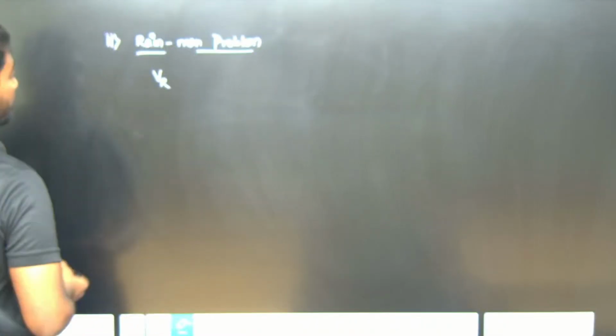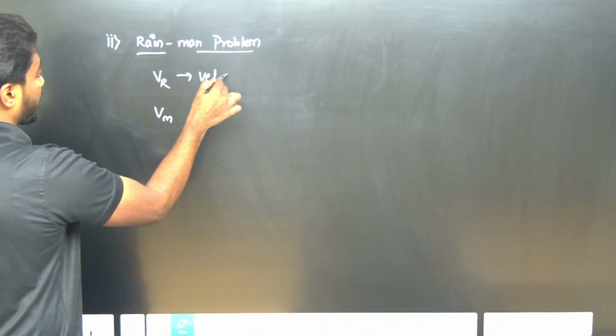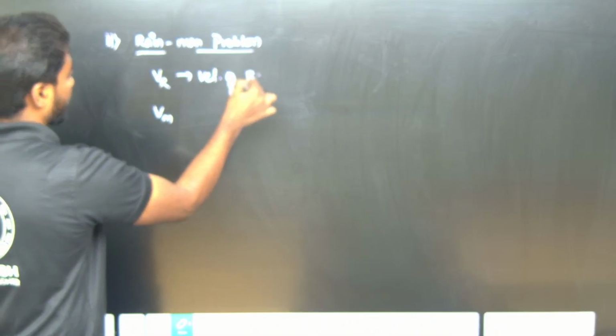Velocity of rain, velocity of man. Next one is velocity of rain with respect to man, or velocity of man with respect to rain. That one we know.